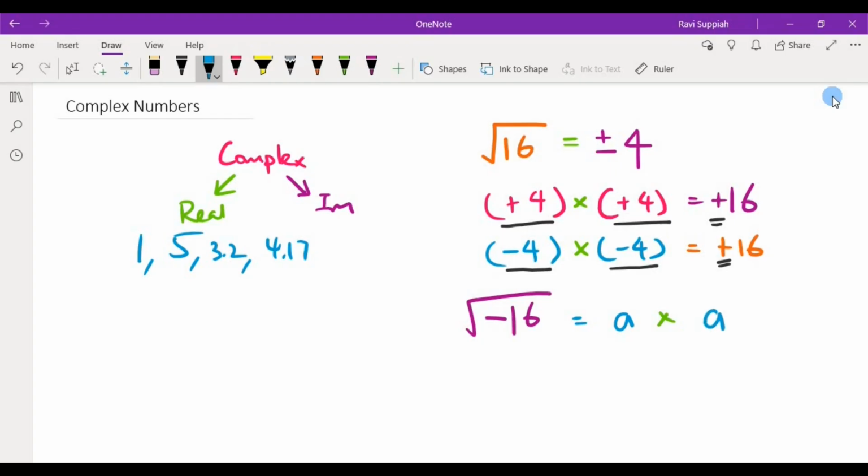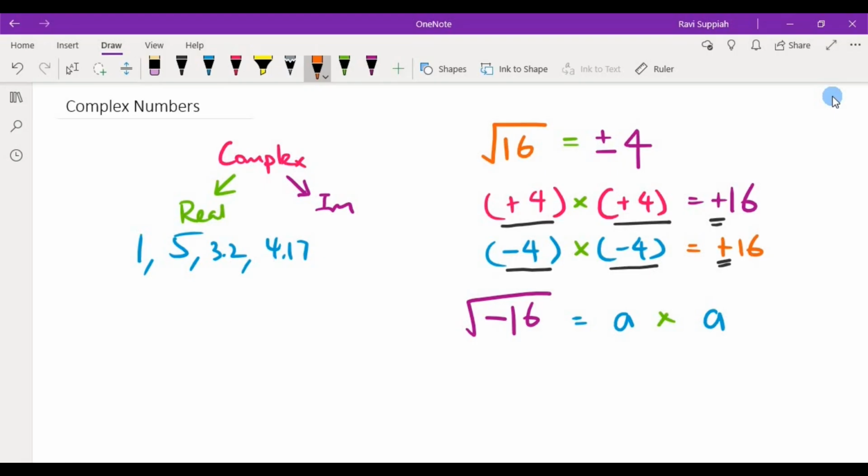And we know that this is actually not possible with our real numbers, because for real numbers, when both the numbers are the same and I multiply them, either they are both positive or they are both negative, and in both cases the answer would be positive only. So when I try to do a square root of a negative number, it's actually not possible. If you try to key it into your calculator, you will not be able to get an answer.